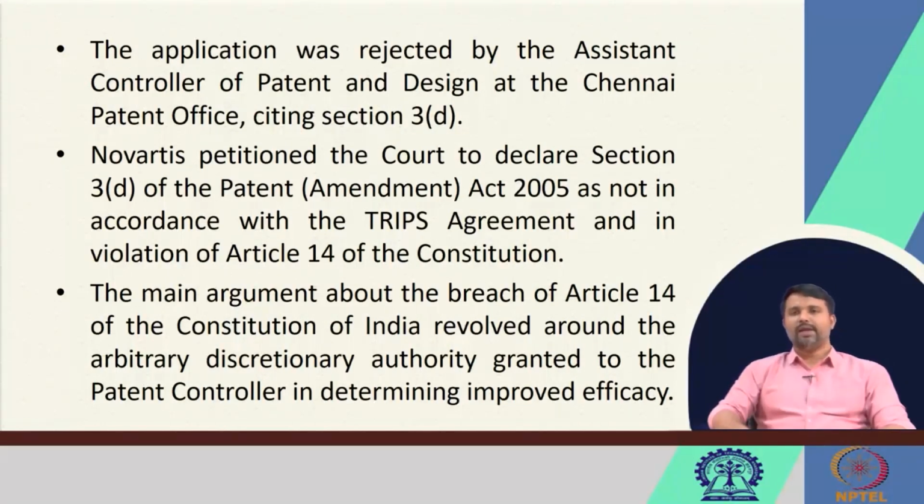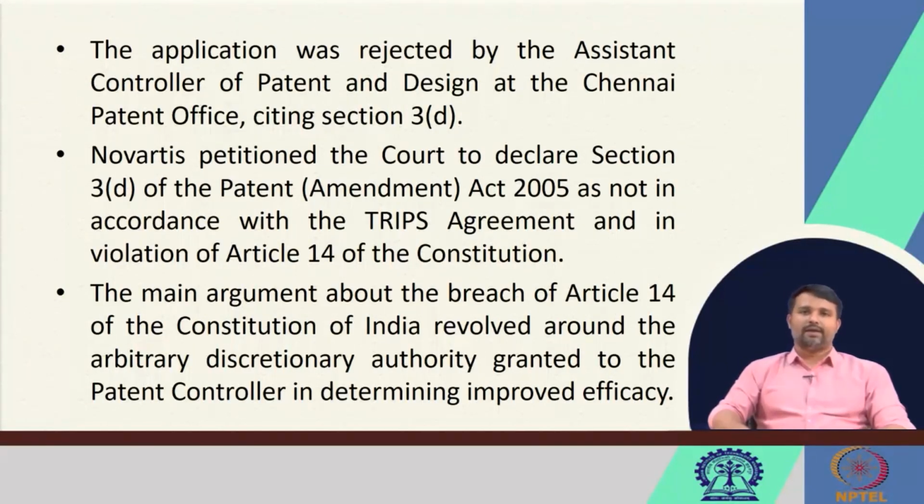The main argument regarding the breach of Article 14 of the Constitution of India revolved around the arbitrary discretionary authority granted to the patent controller in determining improved efficacy. So, under section 3(d), unless there is improved efficacy, the invention becomes non-patentable.